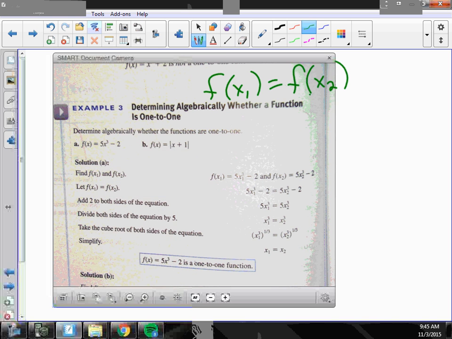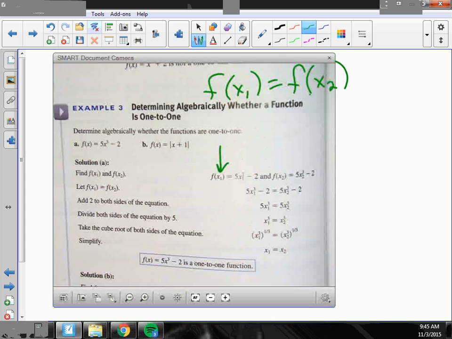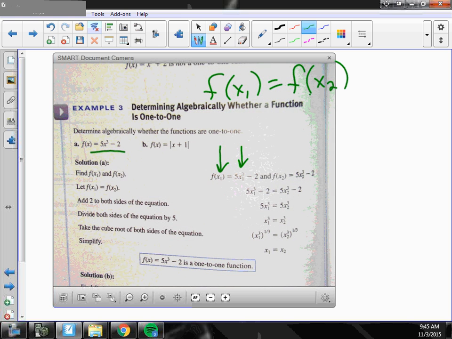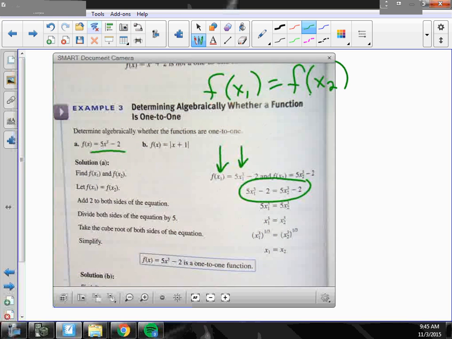So we plug in x sub 1, and we get into this equation. So 5 x sub 1 cubed minus 2, and this one, set them equal to each other. So 5 x sub 1 cubed equals 5 x sub 2 cubed. Divide out the 5's, and I end up with this.